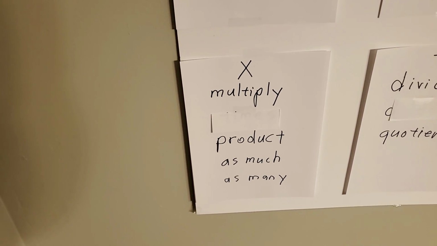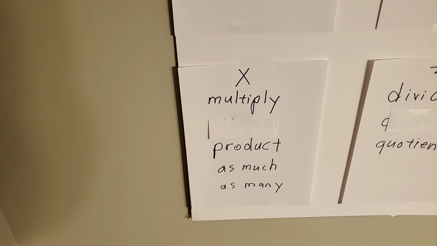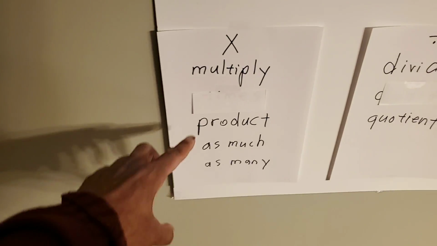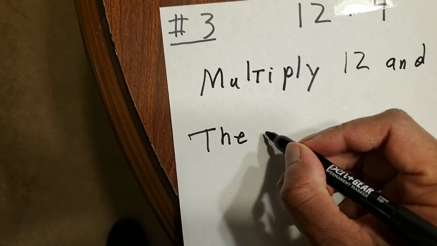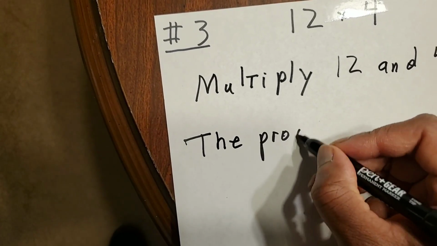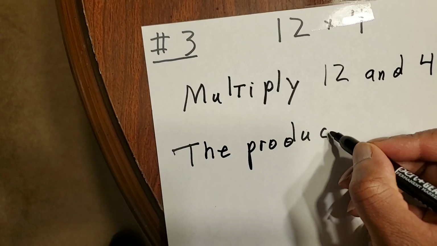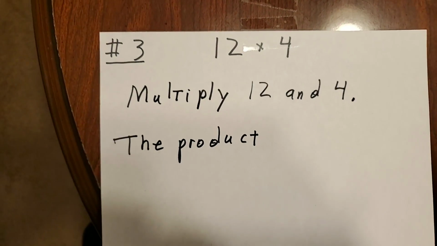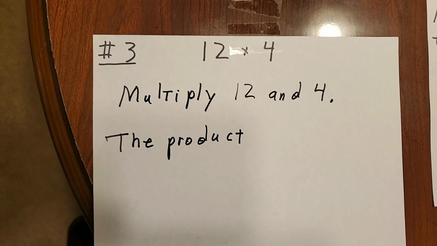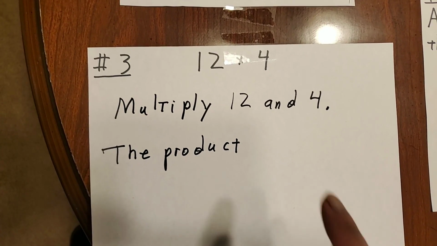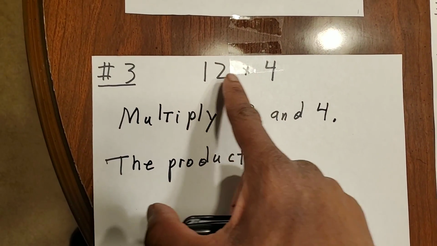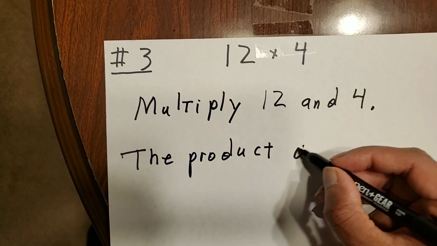When you take two numbers and you multiply them, you get the product. So we can also write the product. There we go, the product. And once again, the product is what you get when you multiply the two numbers. So what two numbers am I finding the product of? The product of 12 and 4.